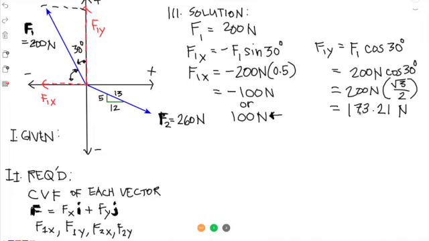So we can write it as positive 173.21 newtons, and it's going up.